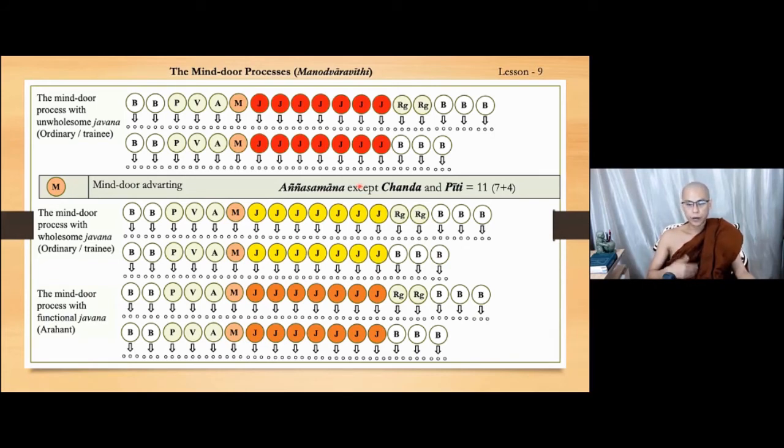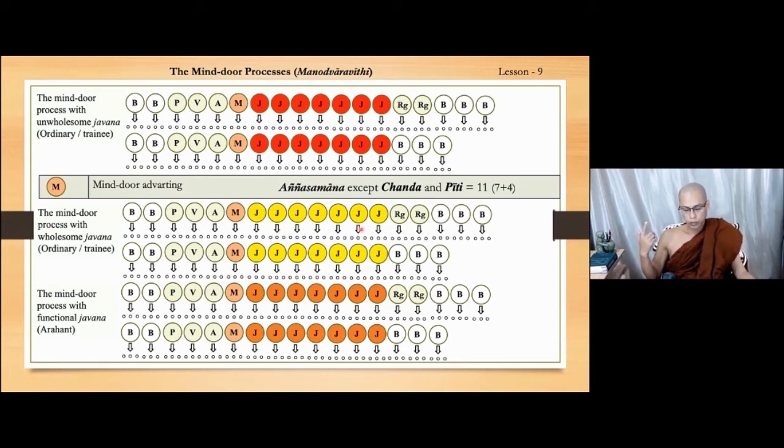In that moment, the great wholesome consciousness is arising in your mind as a jhana. And when you are seeing the screen, the process of eye consciousness consists of the wholesome jhana arising in your mind.